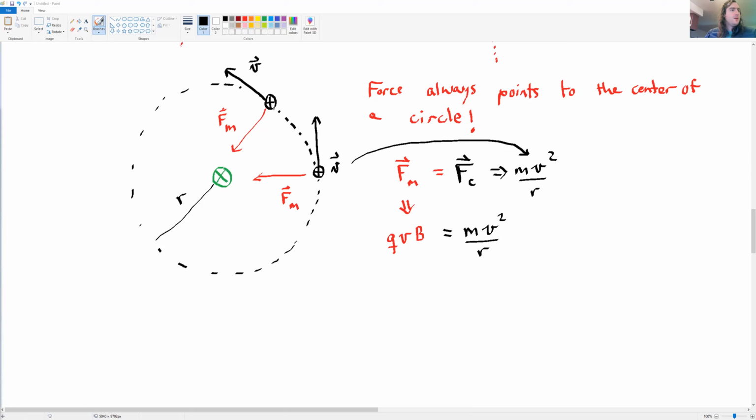Okay, and so maybe this is a good point to ask you guys to solve for the radius of this centripetal motion. So solve for r. The radius of the centripetal motion here, or of the uniform circular motion.